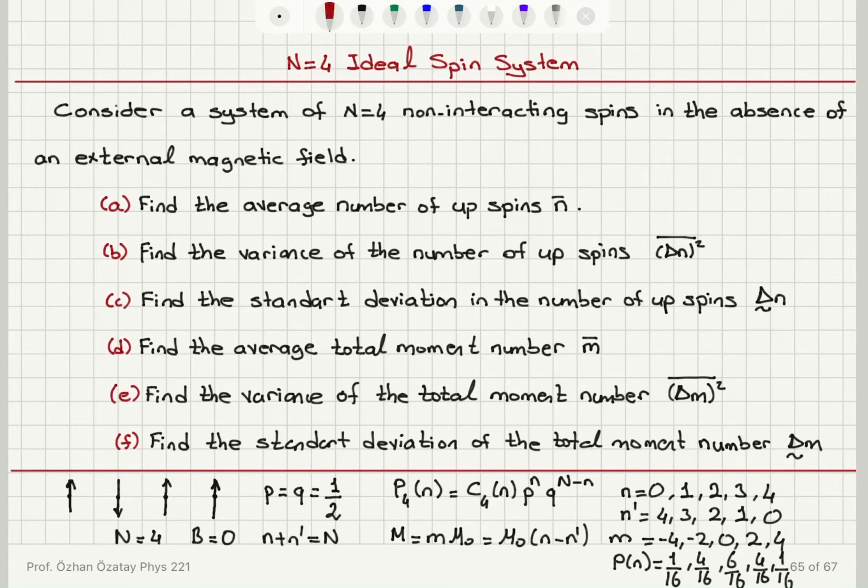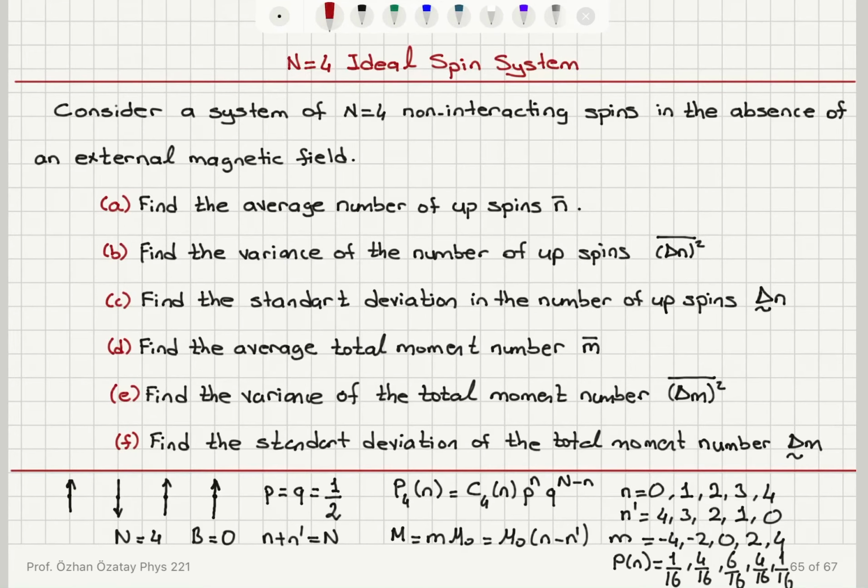The absence of the external magnetic field implies there is no preference for up or down, so probabilities should be equal. They are equal to 1/2. And the probability of finding any n of capital N spins pointing up is given by the binomial distribution, combinations of 4 spins taken n at a time, p to the n, q to the capital N minus n. This is something we calculated before.